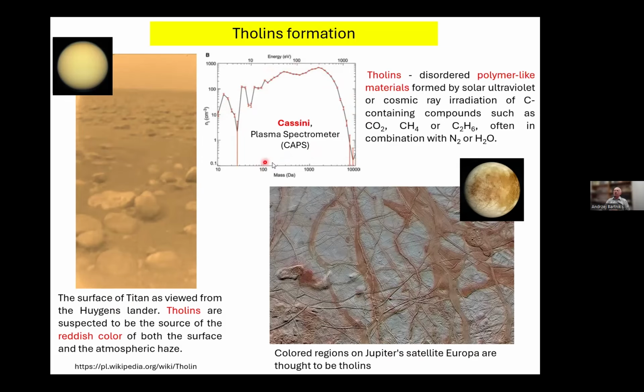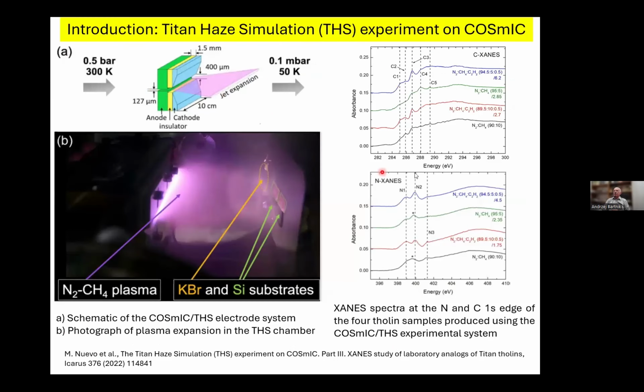complex molecules with large masses, which means that there were large numbers of carbon atoms in each molecule. And these were so-called tholins. And such tholins can be produced in a laboratory, also in plasma systems.